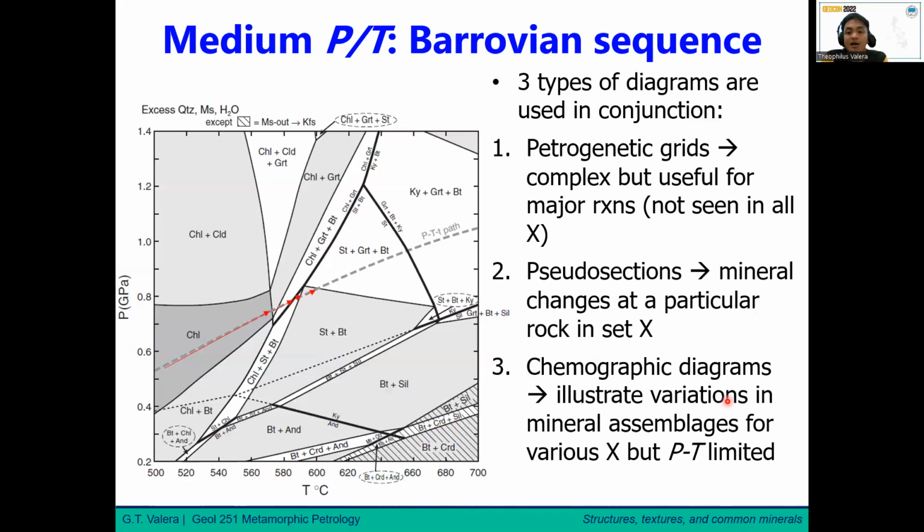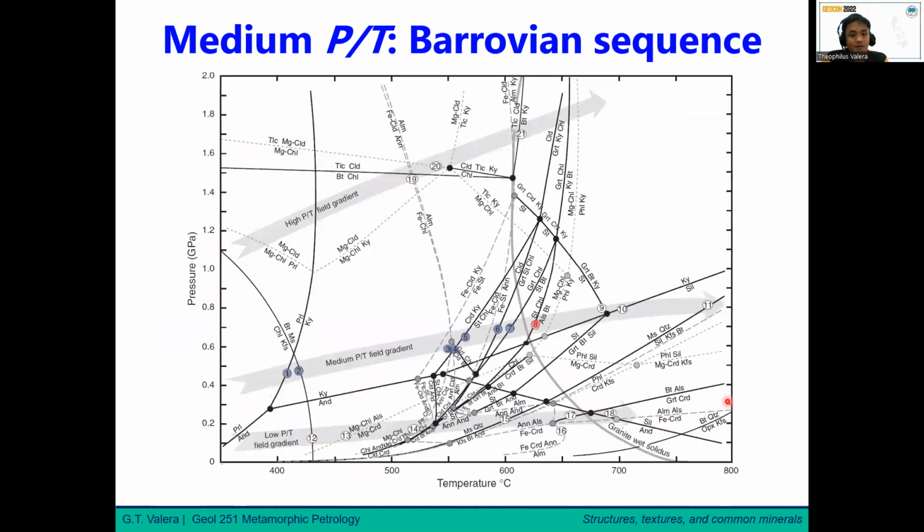So each diagram, therefore, has strengths and weaknesses. So the best approach is to, one, keep the PT grid as reference, use a set of pseudosections for important bulk compositions, and a series of compatibility diagrams to see how the reactions of different variants affect yung variety ng different rocks. Okay? Yan. So, ganun yung best practice.